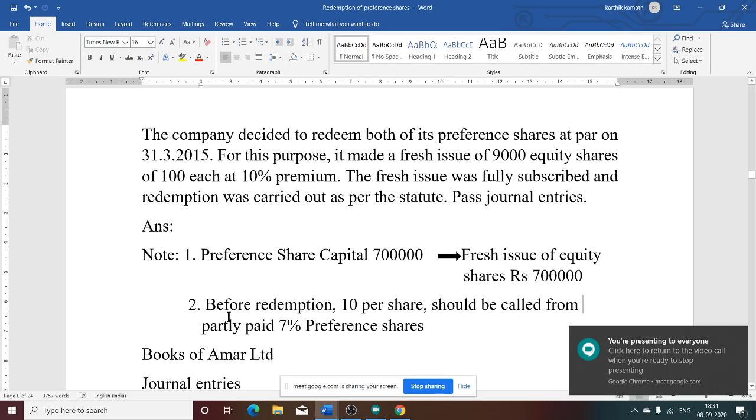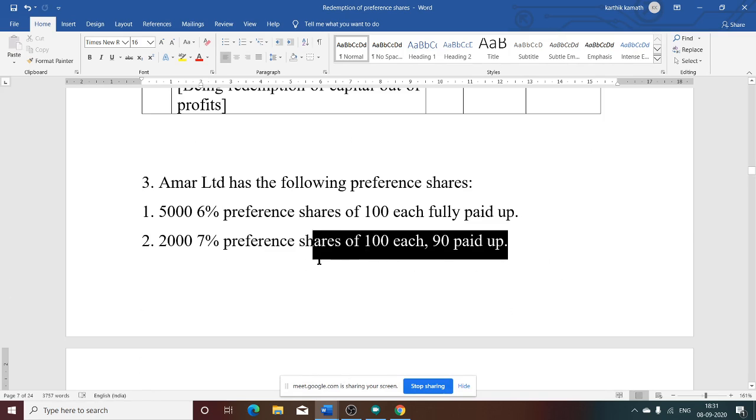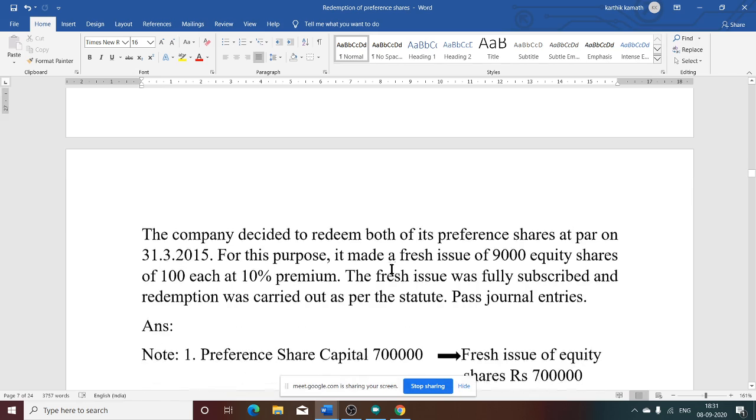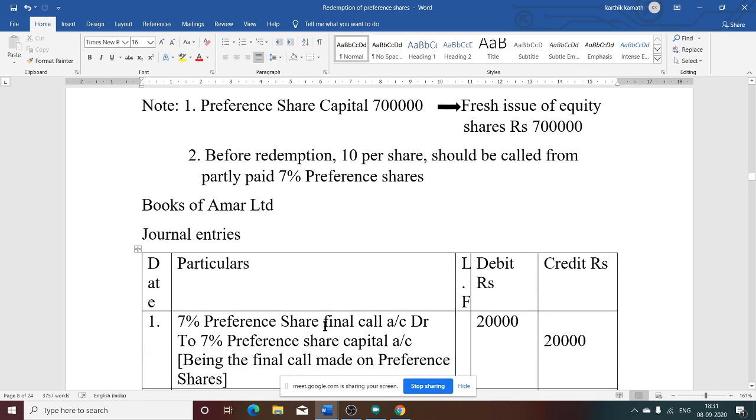But there is a note also mentioned: before redemption, 10 per share should be called from the partly paid 7% preference shares. That is, the 90 paid up preference shares, so the remaining 10 we need to call by passing a journal entry. Now we will pass the journal entries in the books of Amar Limited. The first journal entry is for call money due, final call being made: 7% preference share final call account debit to 7% preference share capital account.